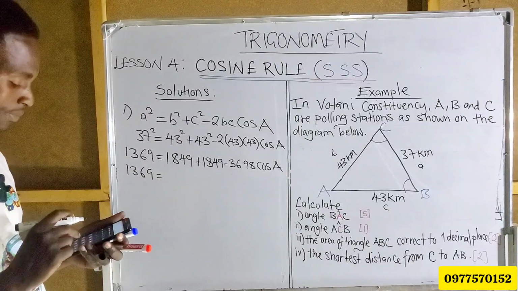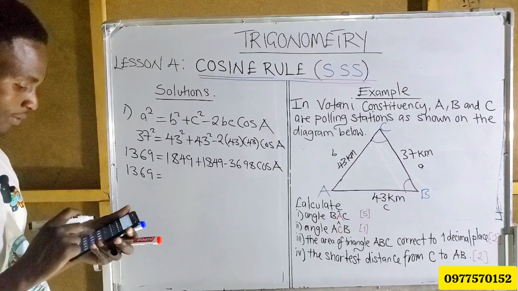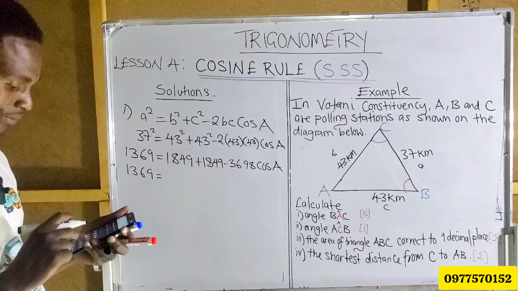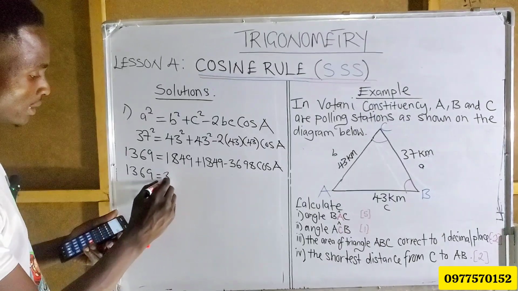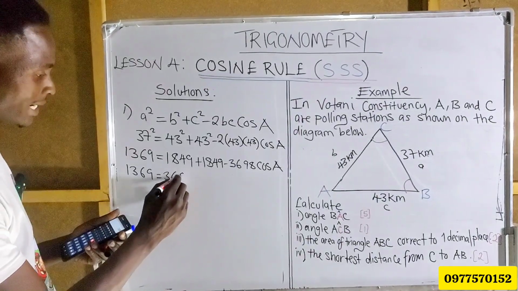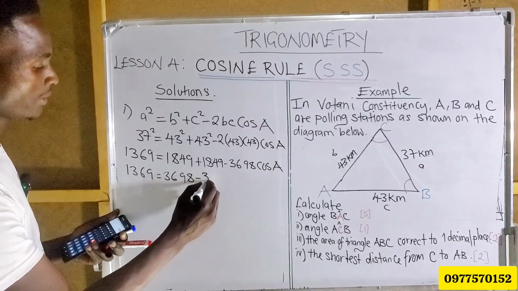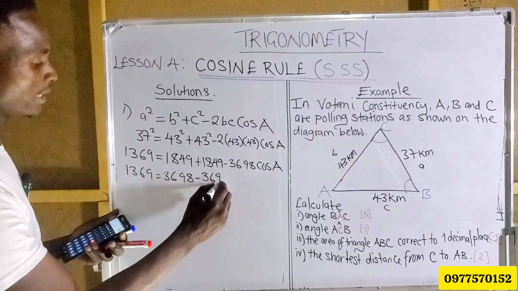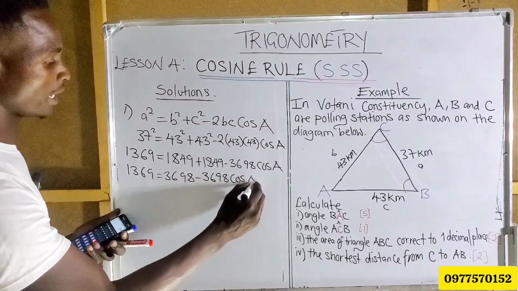So 1849 plus 1849, which is just times 2, is 3698, which is just the same as this one, minus 3698 cos A.